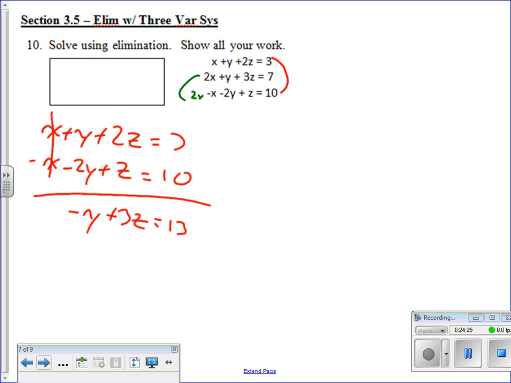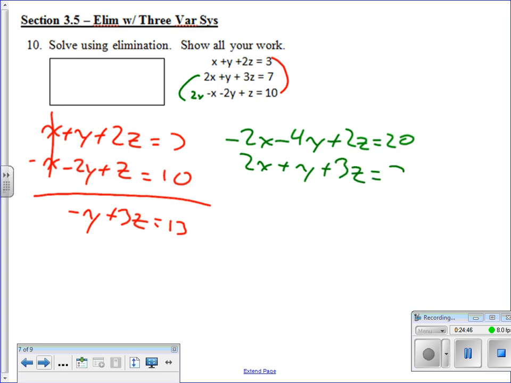So 2 times the bottom one gives me negative 2x minus 4y plus 2z equals 20. And then put the middle one in, 2x plus y plus 3z equals 7. Add them together, negative 3y plus 5z equals 27. And those are my two equations.